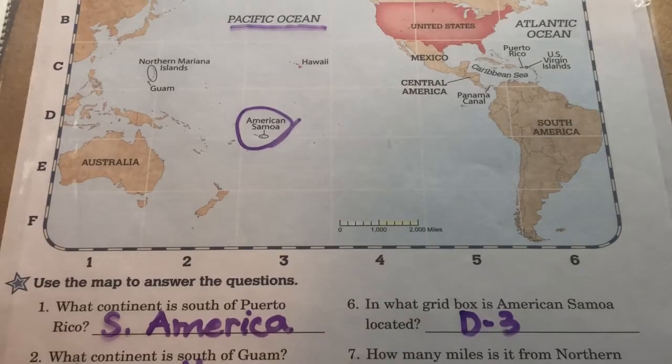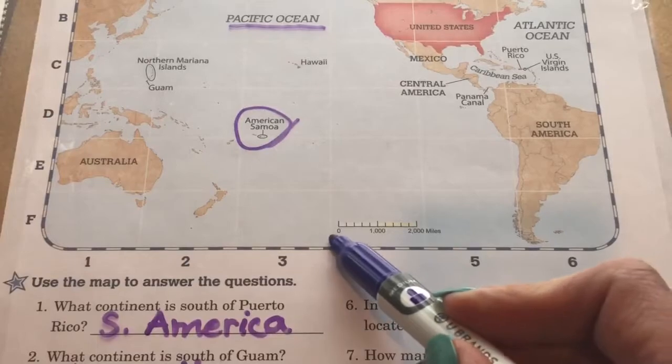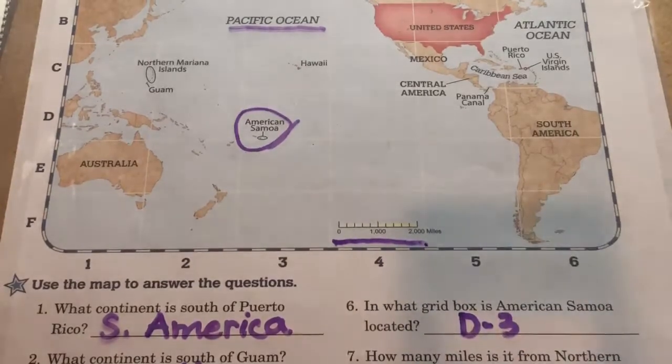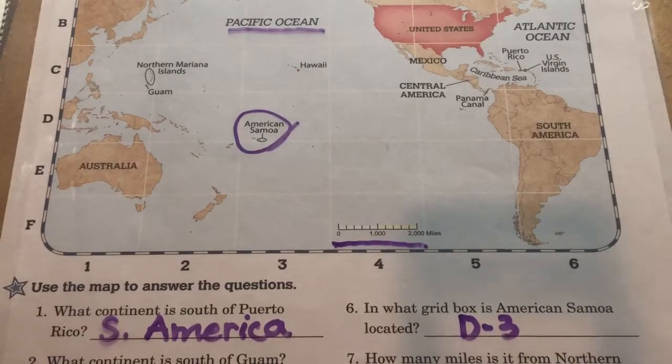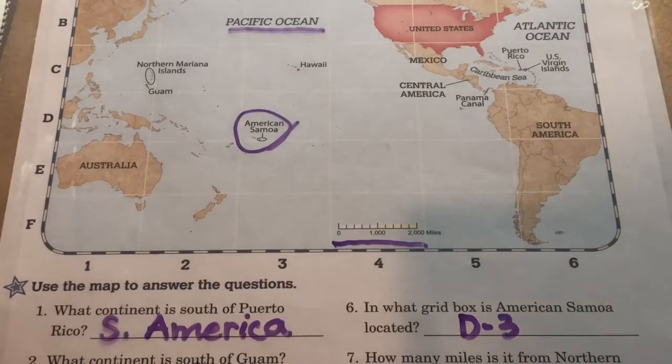Can you find it here on your map? Yeah, it's right down here at the bottom. So what we would need to do is we would need to measure the distance from the Northern Mariana Islands to the southern coast of California.